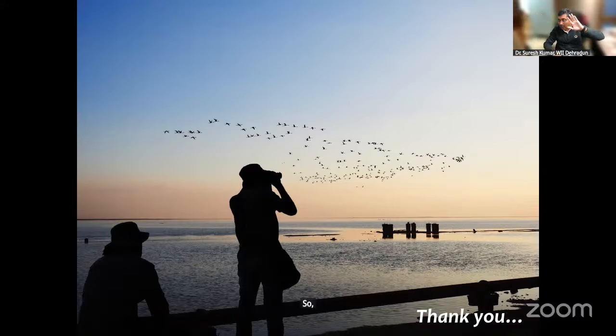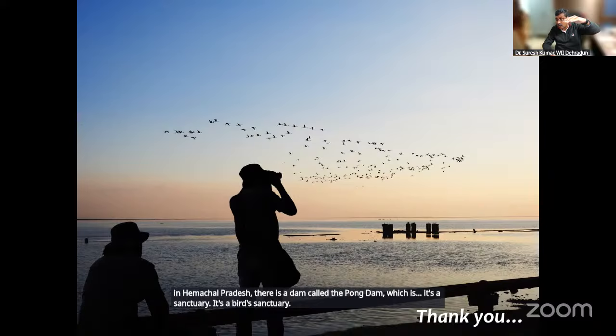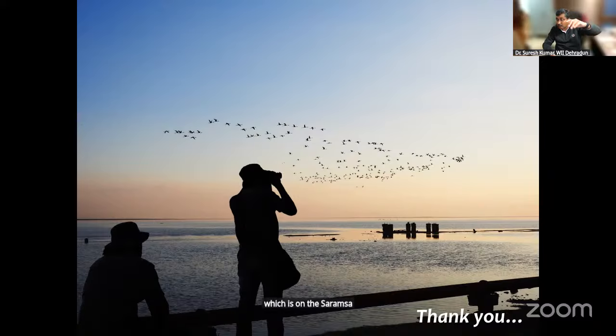So in my understanding, some of their movements have also been shaped by recent land use changes that are taking place. If you look at the Pong Dam in Himachal Pradesh, it's a bird sanctuary, and a Ramsar site also, which is on the Beas River.